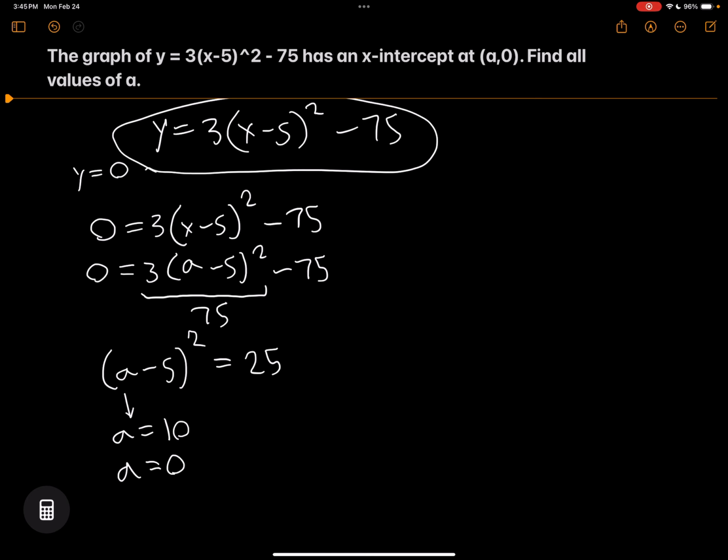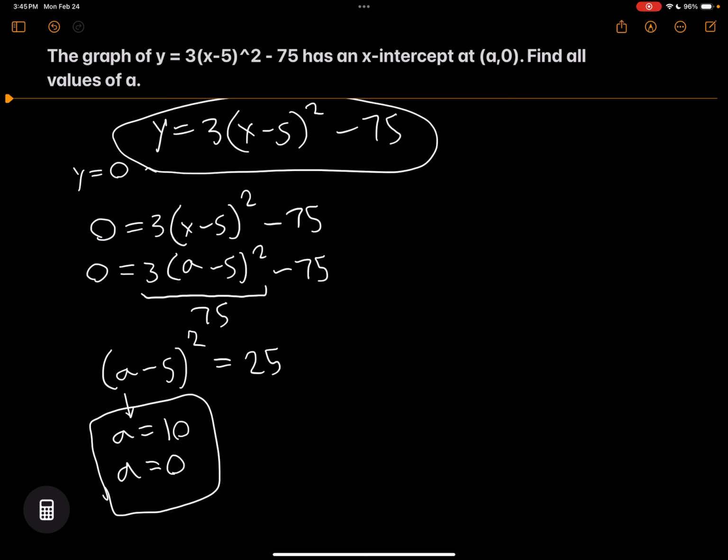That makes y equal to 0, as it is in the problem statement. Testing a equals 0, we have 0 minus 5 is negative 5. Negative 5 squared is 25, the same exact thing as the other solution. So we found our two values for a. These are the only two that exist, and that's exactly what the problem asked for.